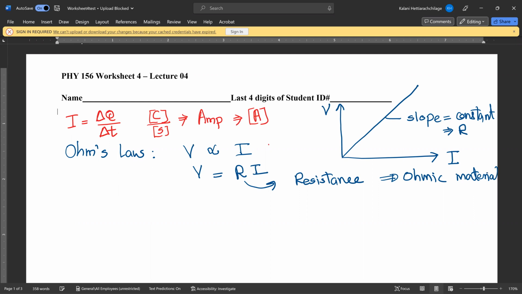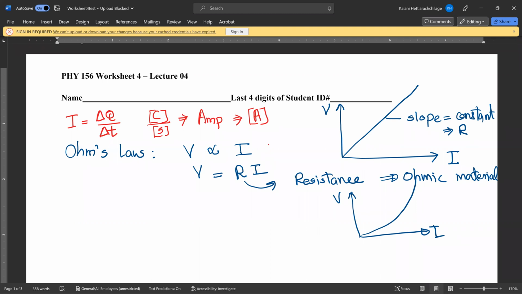But some materials, for example platinum, maybe a light bulb, will not follow this feature. If I draw voltage as a function of current for a light bulb, it may go like this, right?